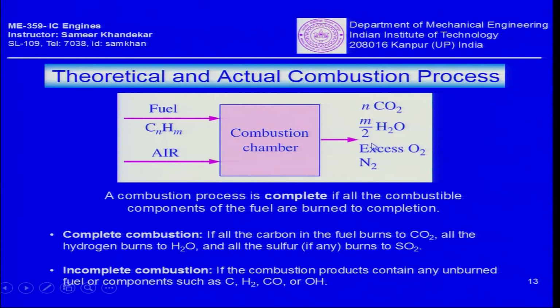Now, suppose for some reason, and we will talk about what reasons, this combustion is not complete. That means there are certain molecules, let us say of hydrogen, which are remaining here. There are certain molecules of carbon monoxide which have not converted to CO2, or there is also some unburnt free carbon, which we call soot, unburnt carbon particles, also in the products.